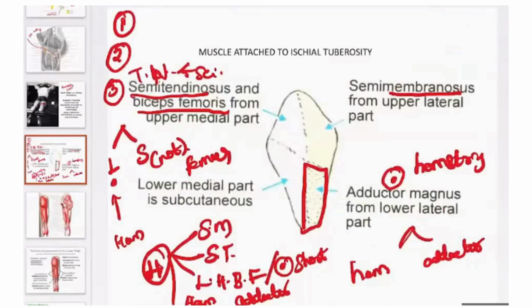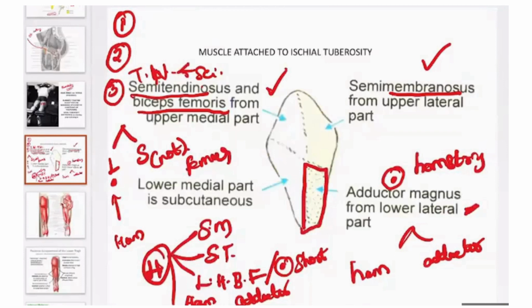Upper lateral part is for semimembranosus. Upper medial part is for semitendinosus. Lower lateral part is for adductor magnus. Semitendinosus is along with the long head of biceps femoris. This picture tells you the origin of the hamstring muscles.